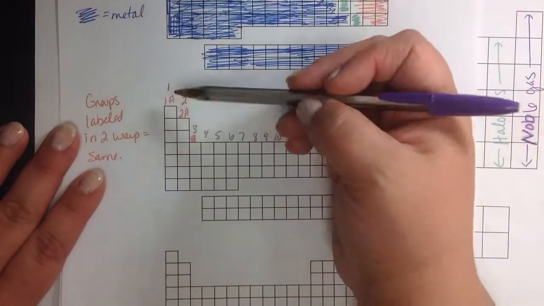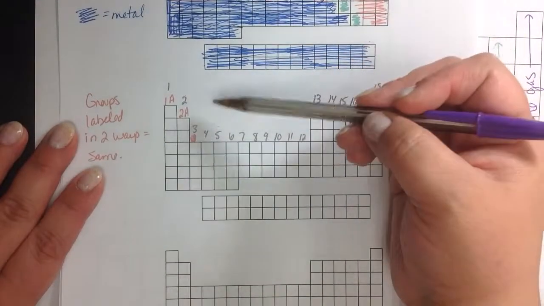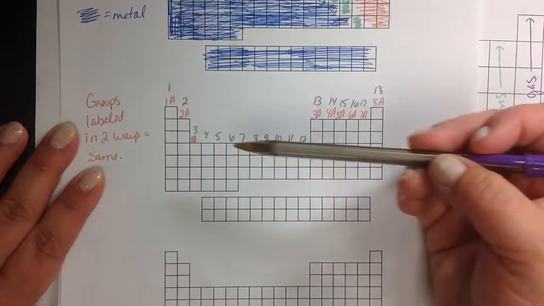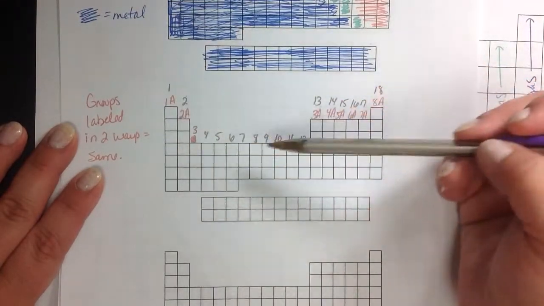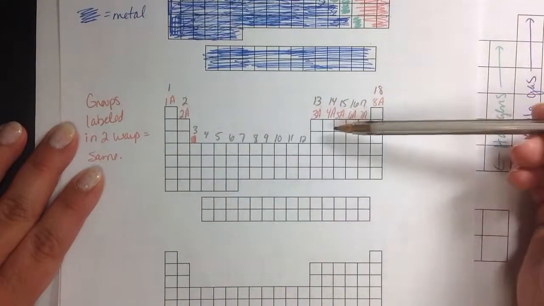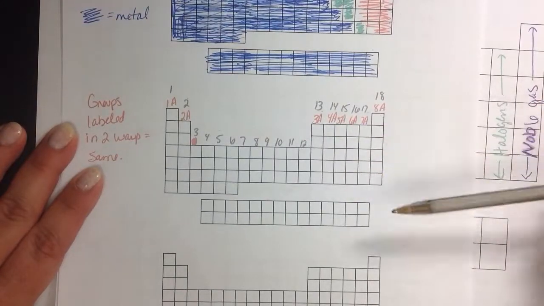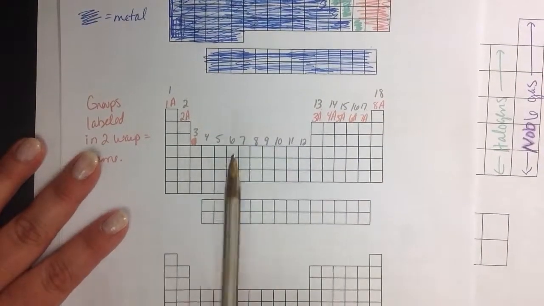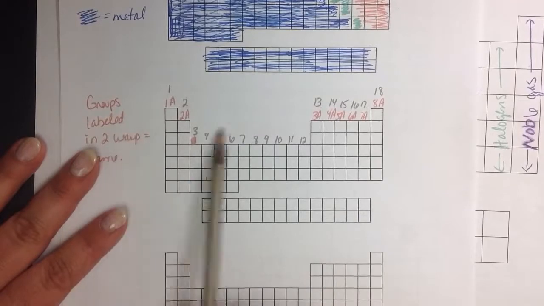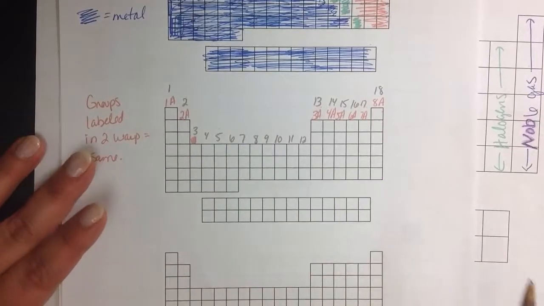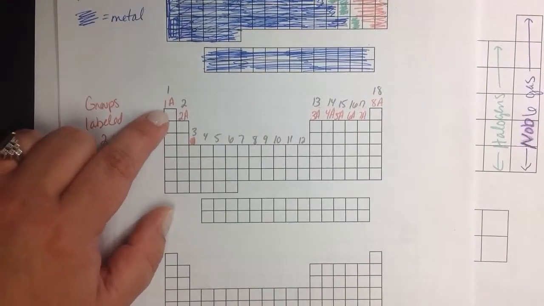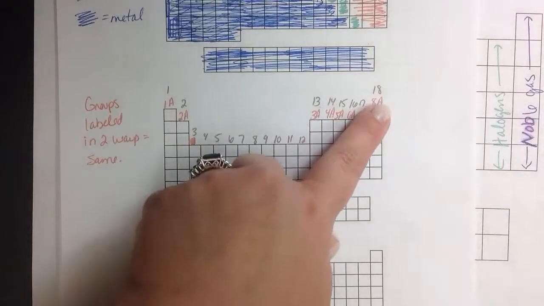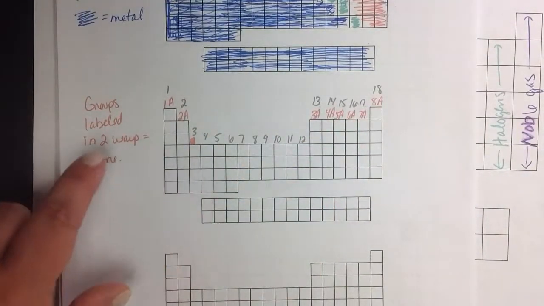You can look at groups, and that means columns, and we don't look at the columns so much in the middle here, or these guys would be your groups. So groups go up and down, periods go left to right. And sometimes you'll see these labeled as 1A, 2A, 3A, 4A, 5A, 6A, 7 and 8.